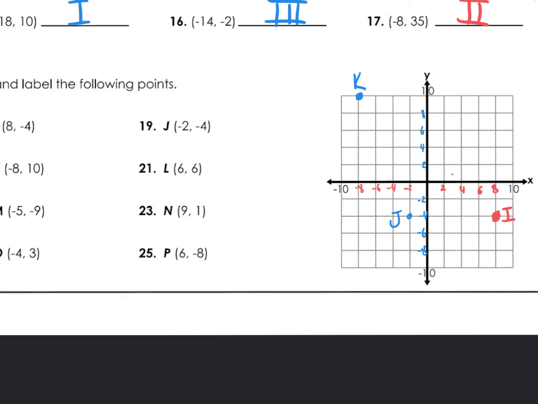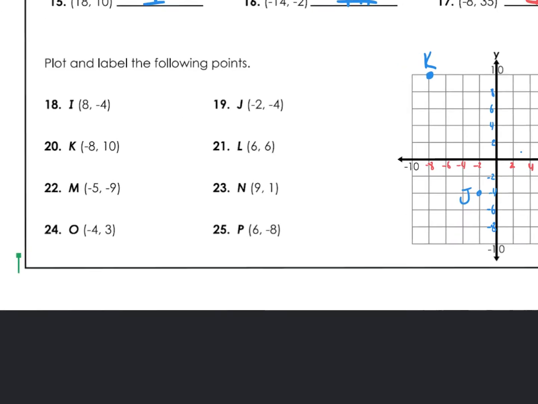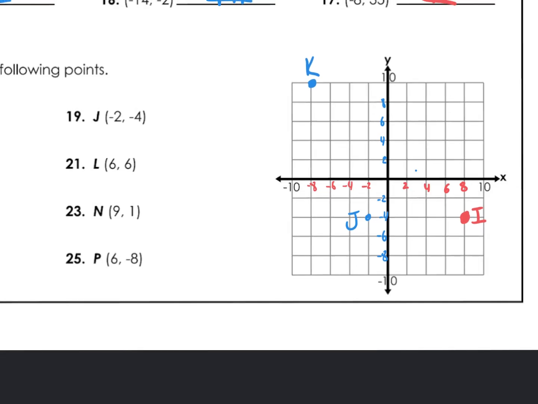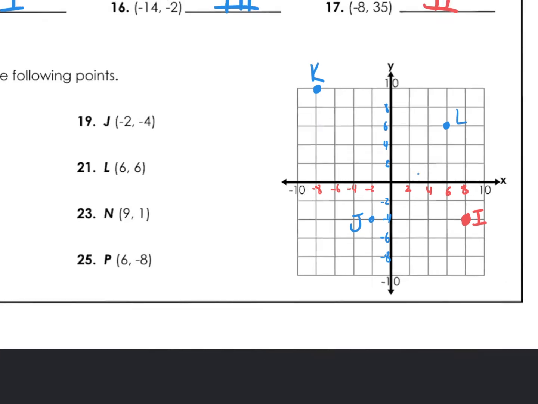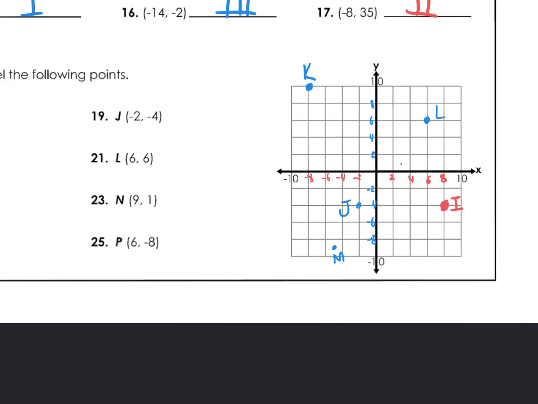Okay, check K was a negative and a positive, and J, negative and a negative. For point L, it's a positive and a positive, so point L, check up here. For M, it's a -5 and -9, so we're going to come down here for M. For N, it's a positive and a positive, and it's going to be in between there.